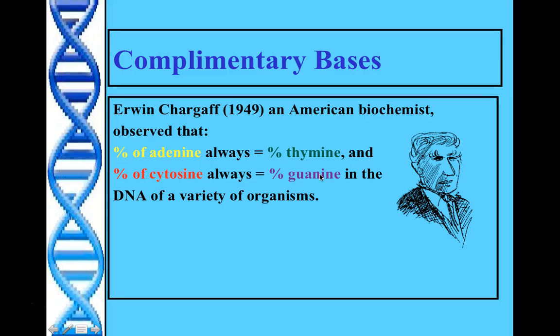This never ever changes. With the molecule of DNA, if you see an adenine on the opposite side, we call these complementary base pairs. Complementary meaning the opposite side of the molecule. So if you see A on one side, you'll see a T on the other. If you see a T on one side, you'll see an A on the other. Same thing with cytosine and guanine.